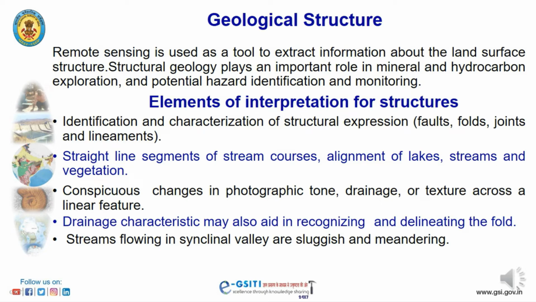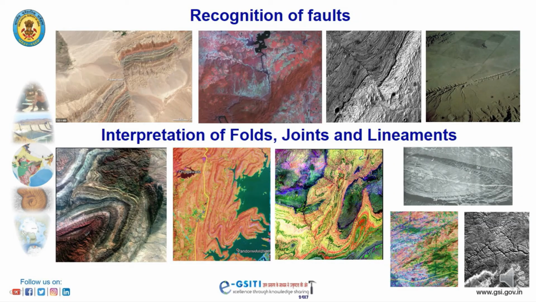Drainage characteristics may also aid in recognizing and delineating the folded structures. Streams flowing in a synclinal valley are mostly sluggish and meandering, which is identifiable from a satellite imagery.